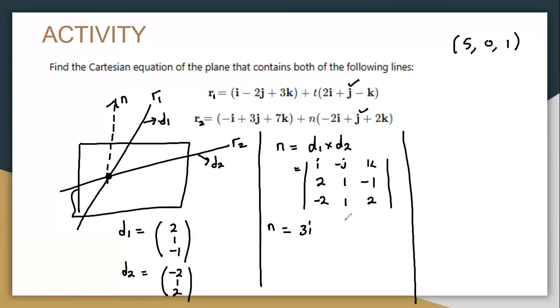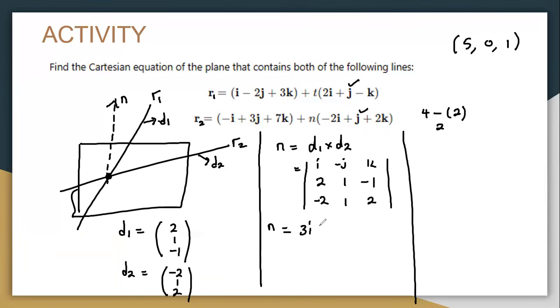When I eliminate the j, I'll have 4 minus negative 2 times negative 1, which gives us a 2. Hope members, we are together.